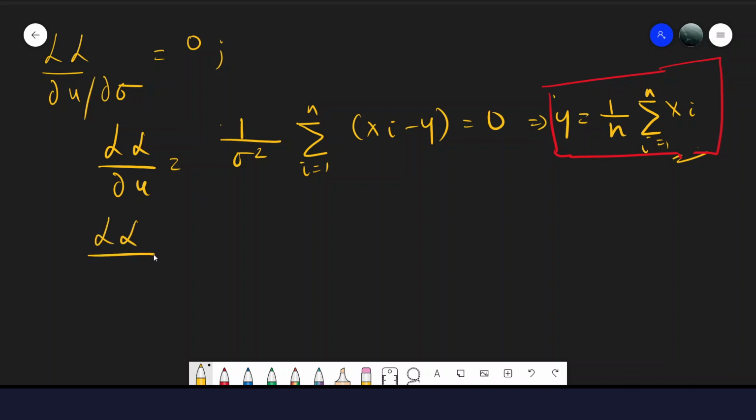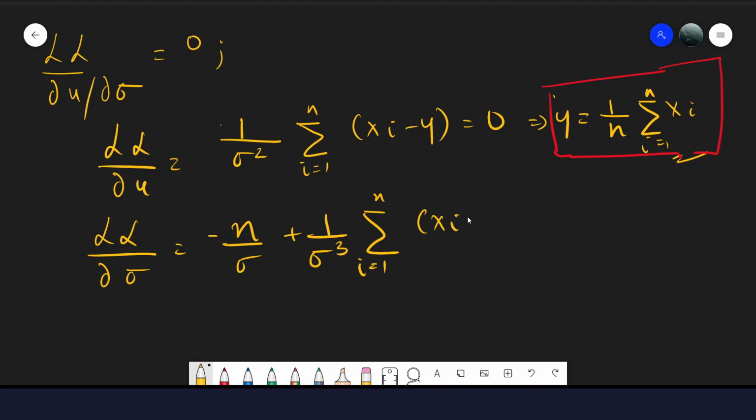So similarly, if I take the natural log of sigma, I basically get minus n by sigma plus 1 by sigma cube, sum over i equals 1 to n of xi minus mu the whole square.